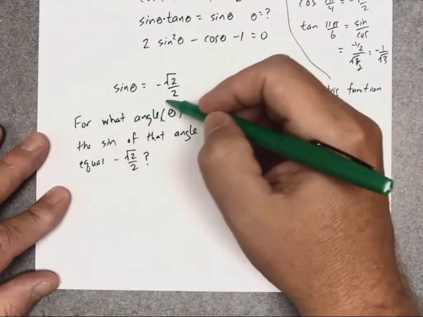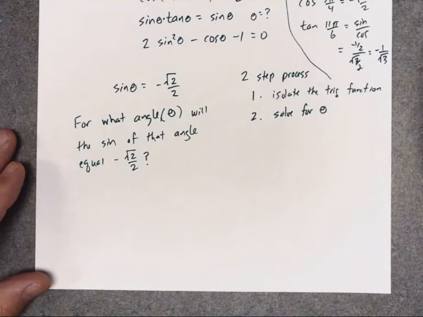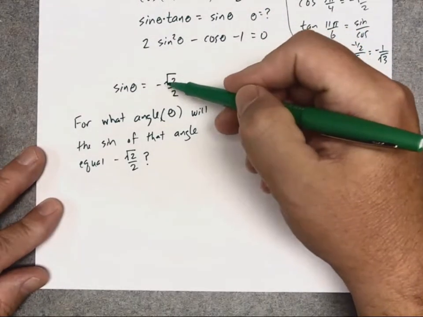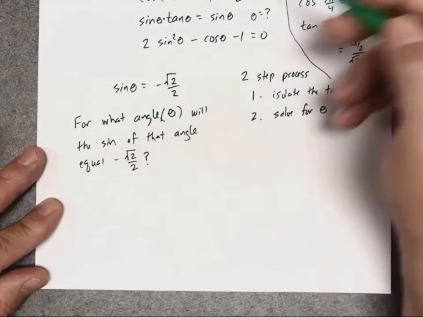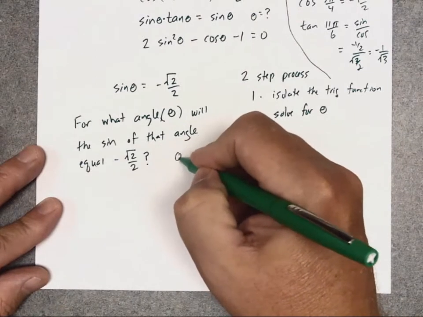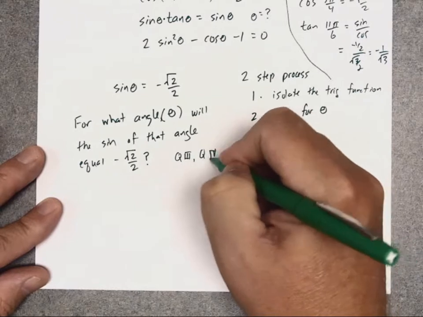Well, right away I realize, oh yeah, the square root of 2 over 2, those are all those pi over 4, 3 pi over 4, 5 pi over 4. Those are the middle points in each quadrant. And I ask myself, where is the sine negative? The sine is negative in quadrants 3 and 4.